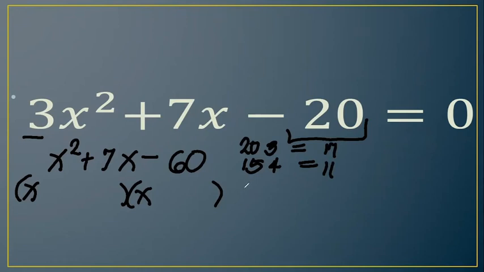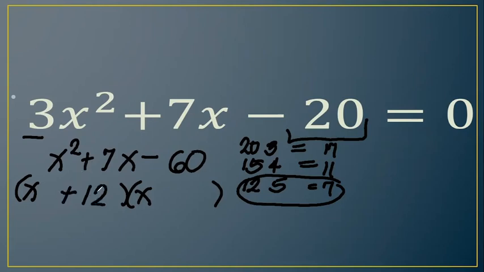Then another factor pair is 12 times 5. If we subtract, this results in 7. So this is the pair we're looking for. Since they are different signs, the higher absolute value takes the sign of our middle term. It's positive, so we have positive 12 here and negative 5 on the other side.